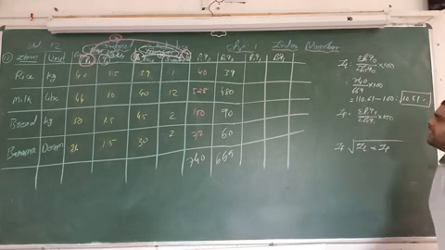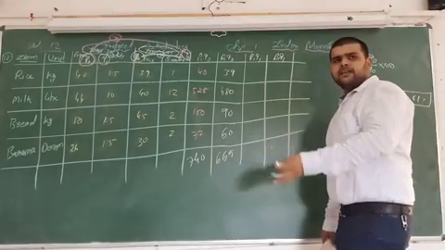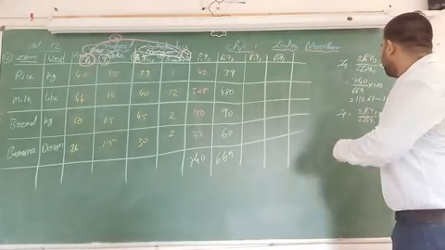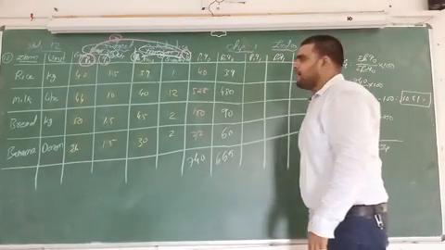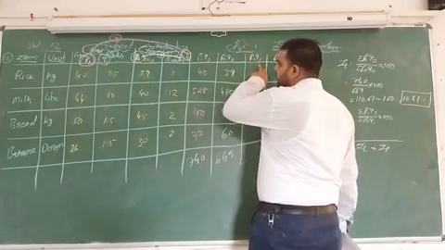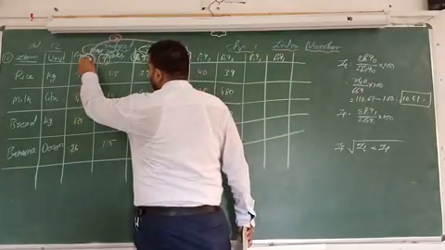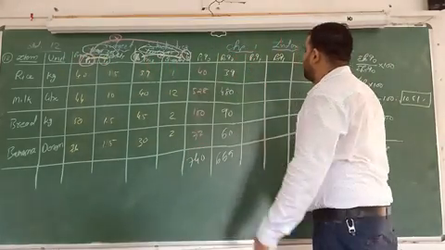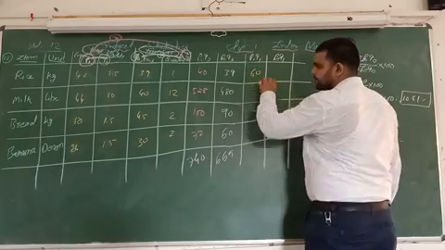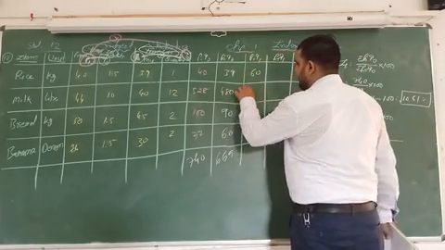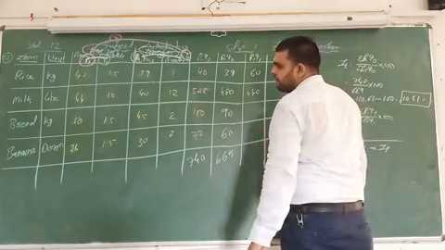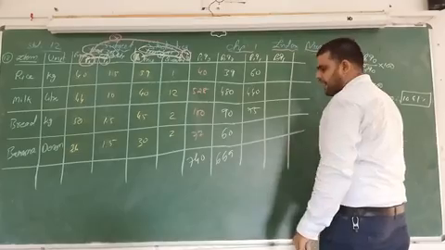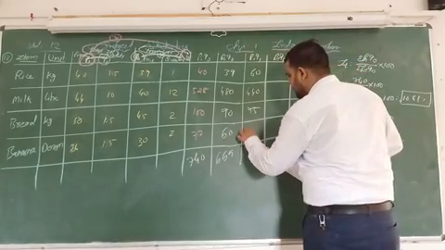Second one, that is the Paasche index number. Again, same as the Laspeyres index number, now we have to find the Paasche index number. P1 Q1, so multiplication of these two. 40 into 1.5, that is 60. 44 into 10, 440. 50 into 1.5, 75. And 36 into 1.5, that is 54.